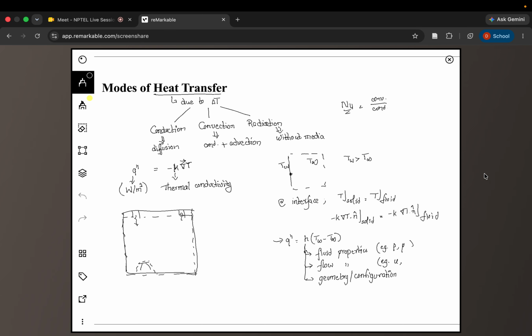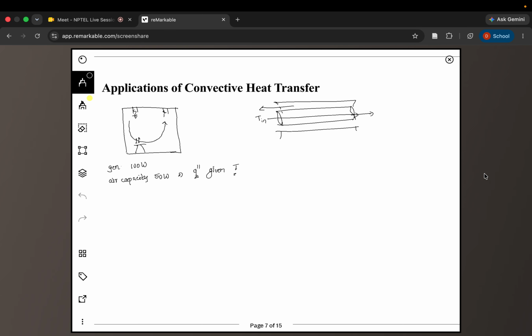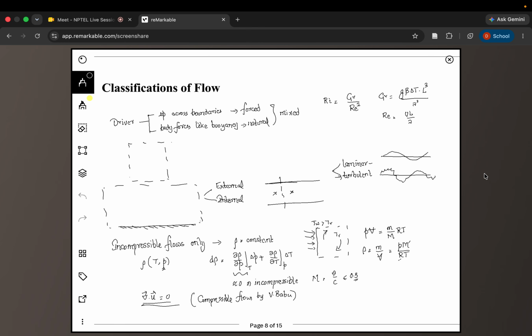We have seen a couple of applications of convective heat transfer, like in heat exchangers and HVAC applications, like heating, ventilation, air conditioning systems. There are several other applications that are discussed in detail in the lecture videos, which I'm not repeating again. And then we understood different classifications of flow depending on what the driving force is, whether it is happening across the boundaries or because of some body forces, or it could be because of both of these.